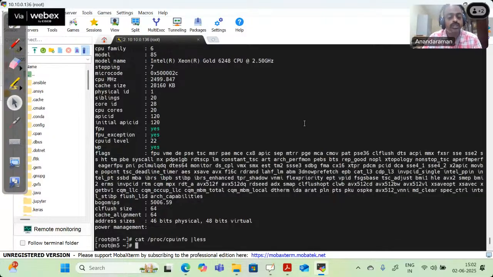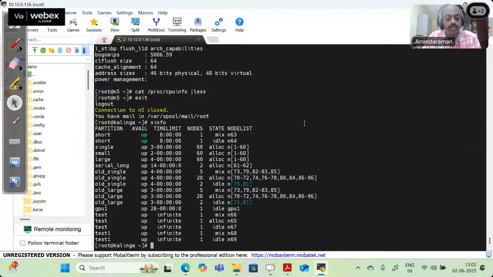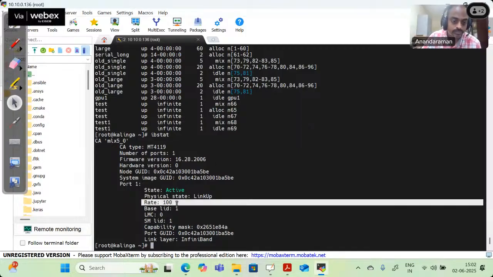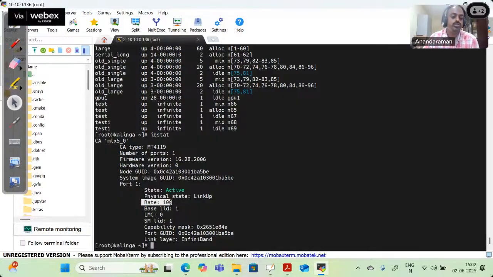This many machines, 97 servers, are all connected with this switch, the IB state. This switch speed is 100 Gbps. Latency is very, very low, in terms of nanoseconds, whereas Ethernet switch latency will be in terms of milliseconds.